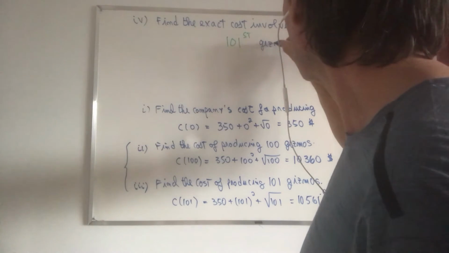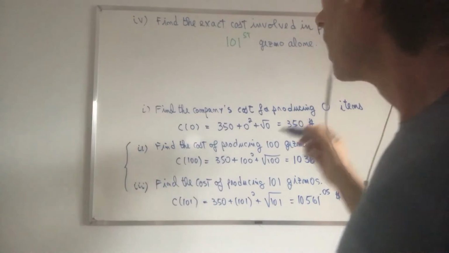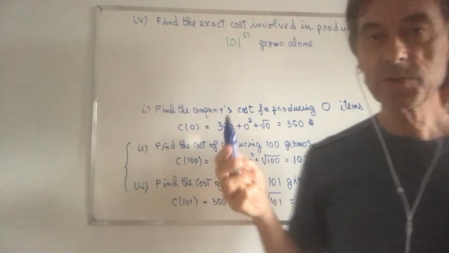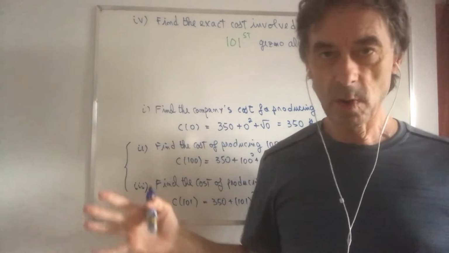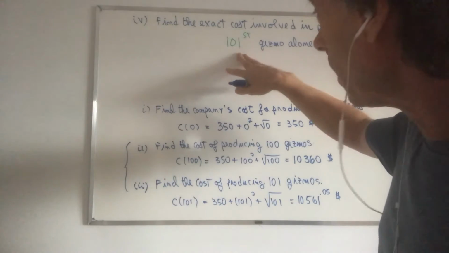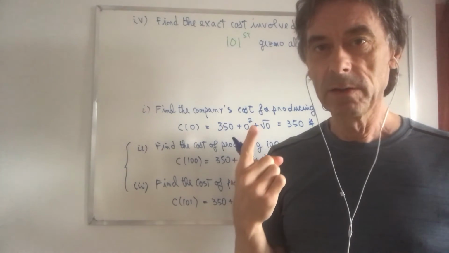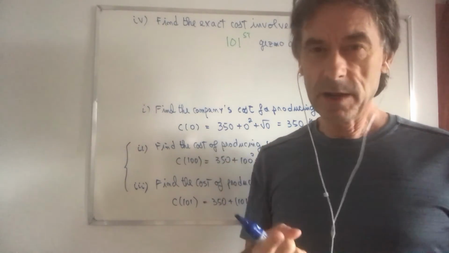Only that one. So I can't do C of 101, huh? Because C of 101 is the cost of producing 101 items. So what is the cost of just that one item, which is item number 101? Well, think about it.